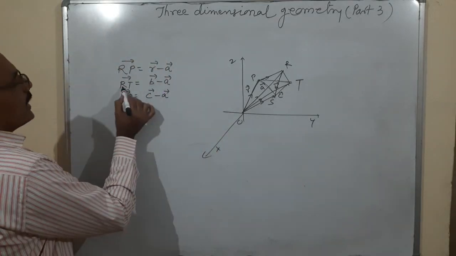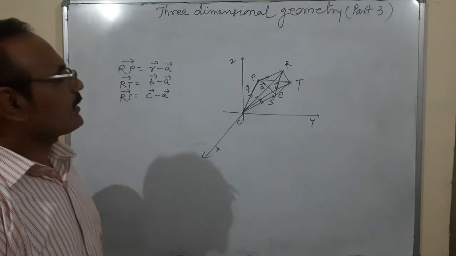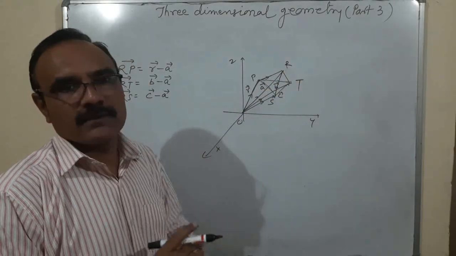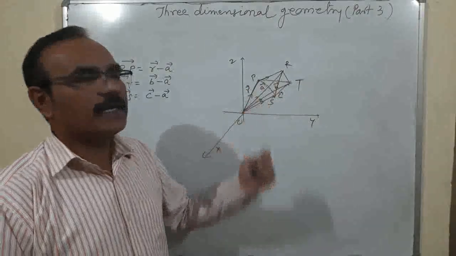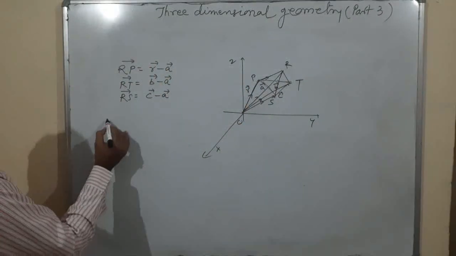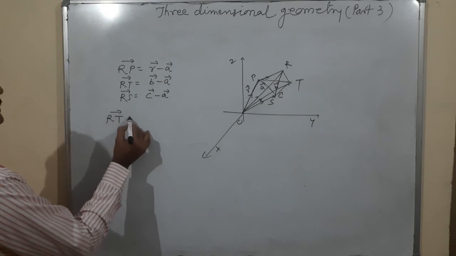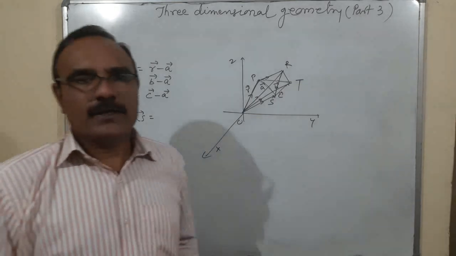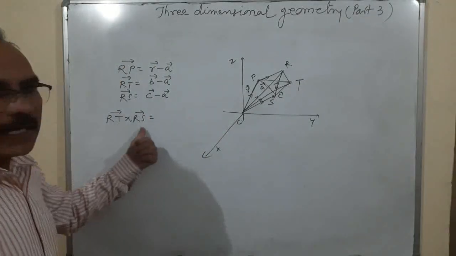See, this is RT and RS. Cross product of RT and RS is always perpendicular. When we are going to find RT cross RS, whatever the vector which we are getting must be perpendicular to RT and RS.